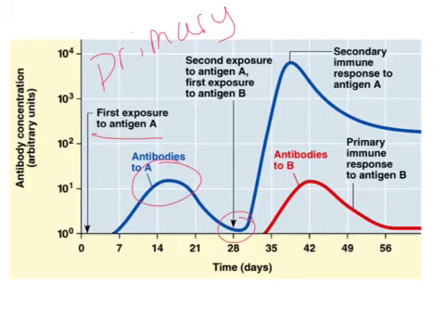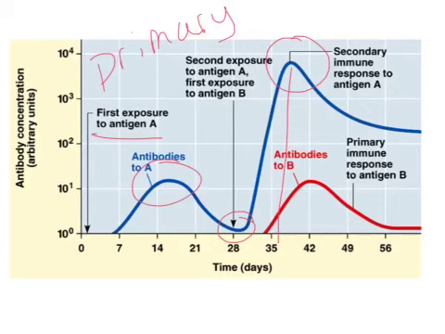But now because I have memory cells that remember it, they get activated, and you'll notice I have a significantly higher immune response, with antibody production. I'm making triple the antibodies, and I've done that in a week, in 7 days, as opposed to 14 days. So my secondary response is significantly faster because of those memory cells.